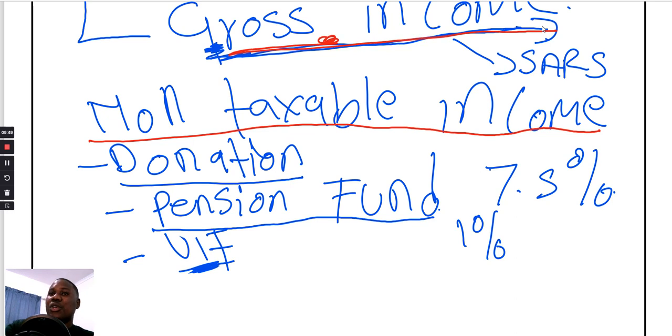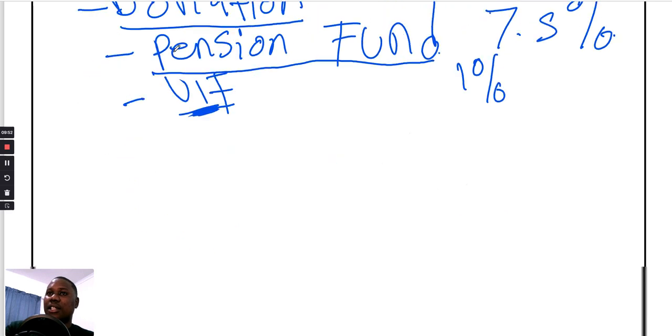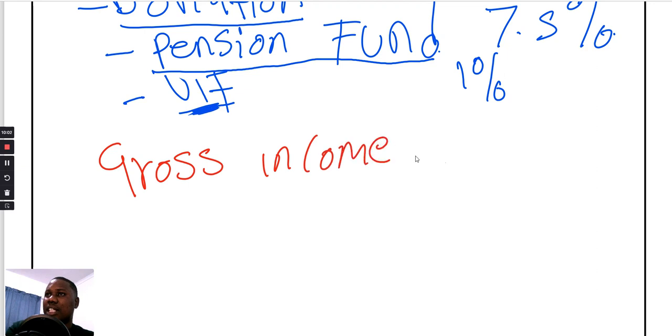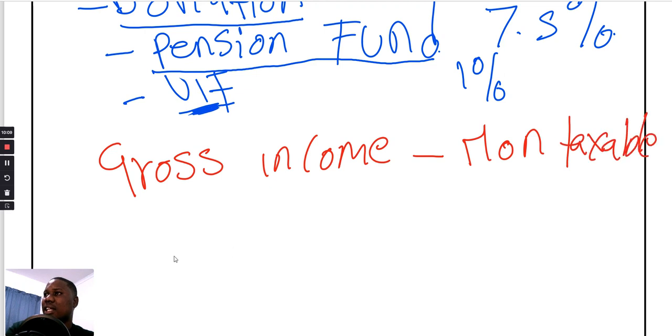Okay, so if we remove them, if we take the gross income, and we subtract the non-taxable income. The non-taxable income, we know our non-taxable income, we have those three.